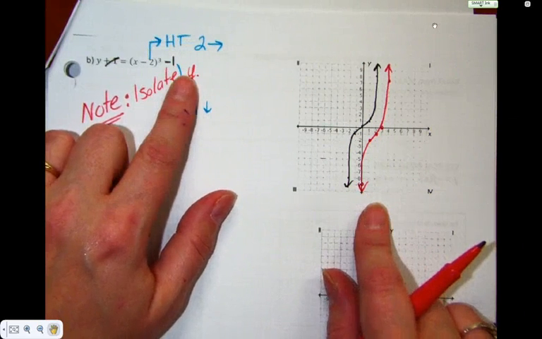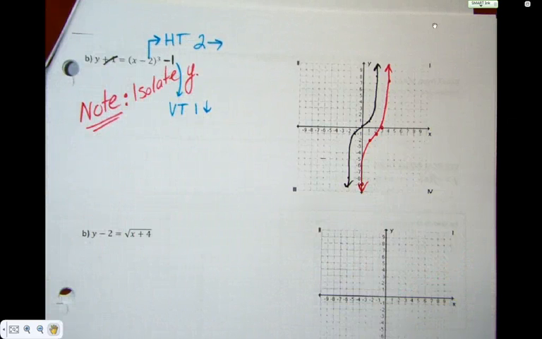If you're a wordy person, I will repeat the steps. Step 1, draw the base graph. Step 2, describe the transformations.